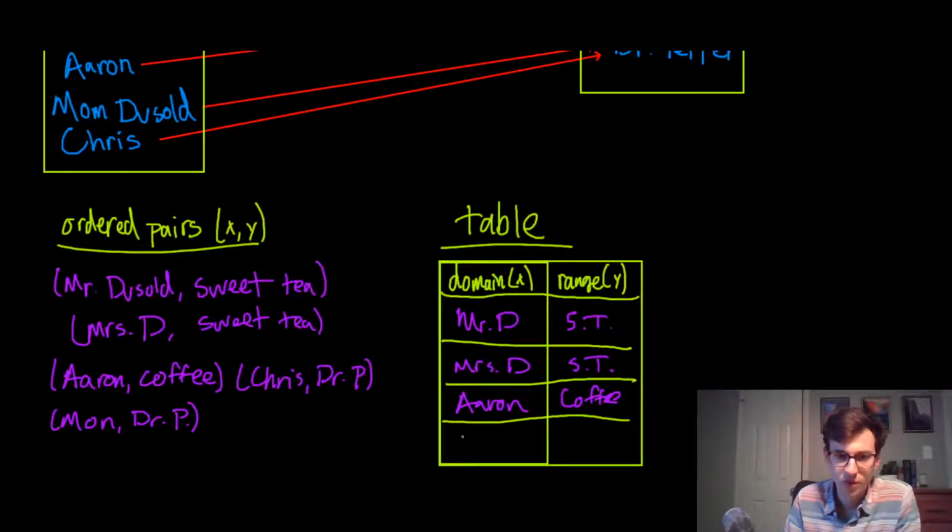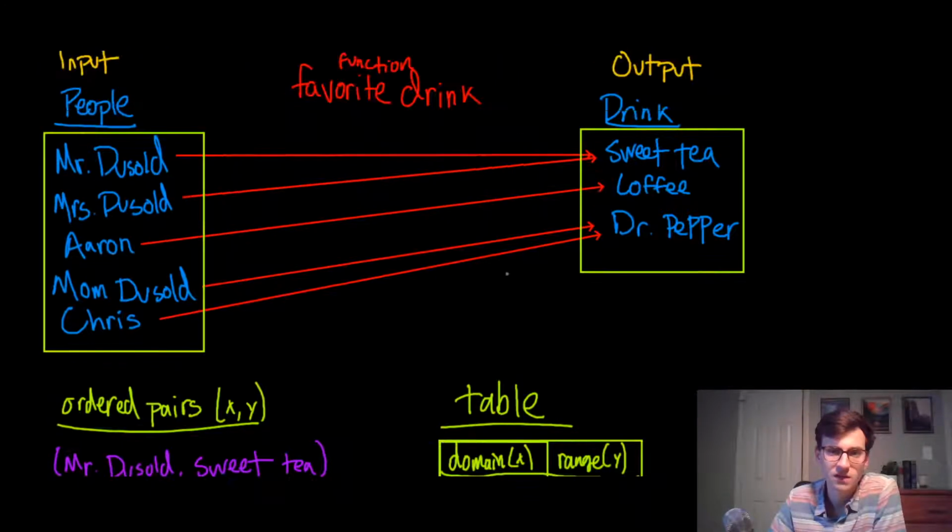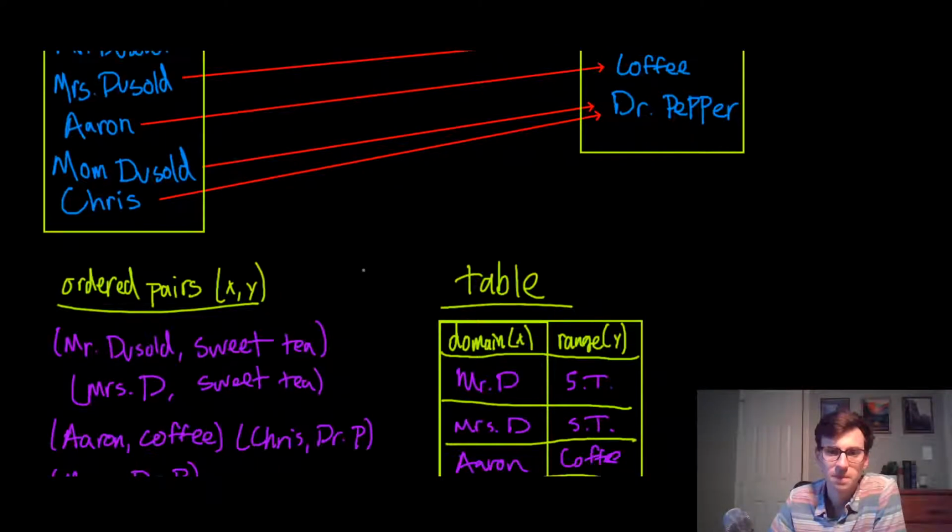And I guess we've only really got room for one more, so we'll do mom and Dr. Pepper, right? So that's the table way. And all three of these are representing the same thing.